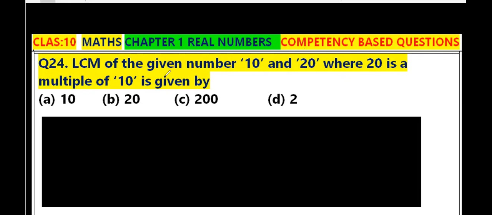Multiple means it comes in the table of 10. Multiples of 10 means 10, 20, 30, it is like that. So what will be the answer here? The LCM of 10 and 20 will be 20. LCM is the lowest common multiple, the smallest multiple common to 10 and 20. See, 20 is in the table of 10 and 20 is also in the table of 20. So the answer is 20.